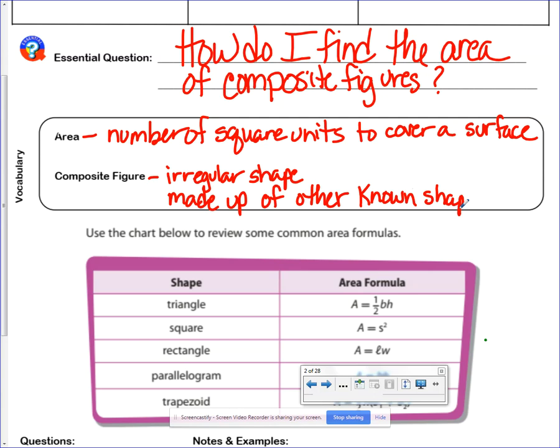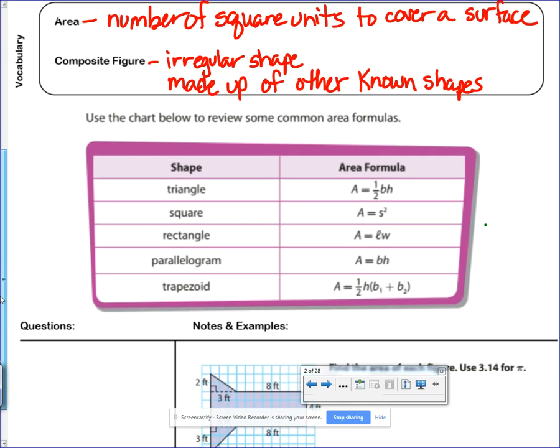So we could have a bunch of rectangles together, maybe a triangle, square, a circle, all kinds of things. And once we can decompose a composite figure like that, we can calculate area and perimeters and things like that.